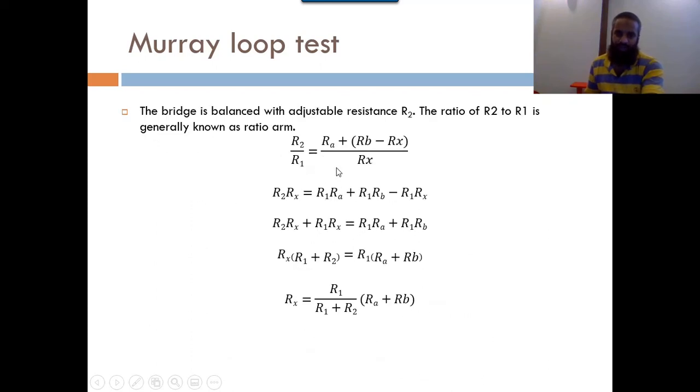So if we simplify this formula, then we have R2 into Rx is equal to R1 Ra plus R1 Rb minus R1 Rx. So by simplifying the overall formula, we can calculate Rx, and Rx is R1 over R1 plus R2 into Ra plus Rb.